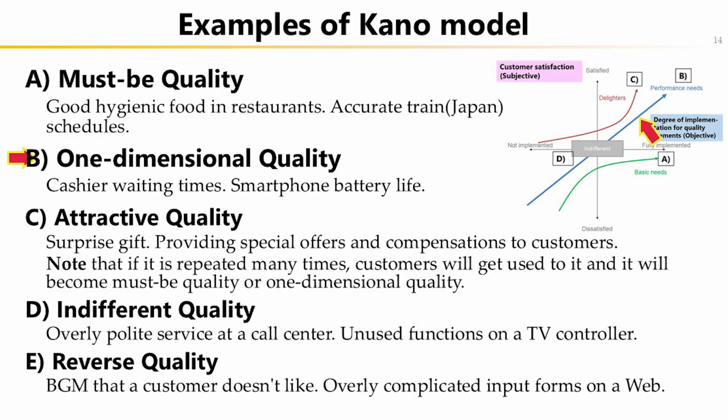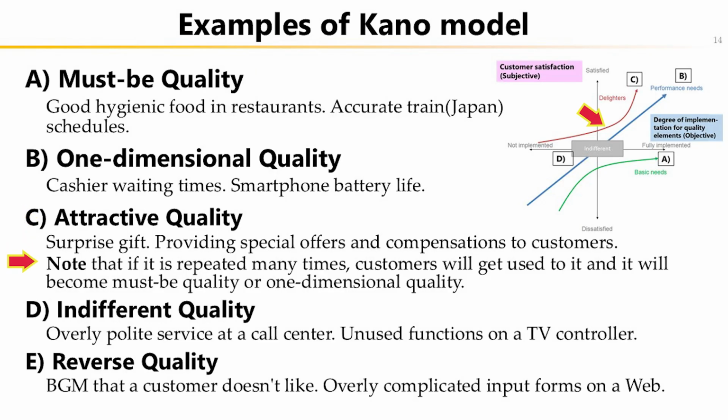These services have the characteristics of the curve B. Examples for attractive quality are surprise gifts, or providing special offers and compensations to customers, and so on. These services have the characteristics of the curve C.